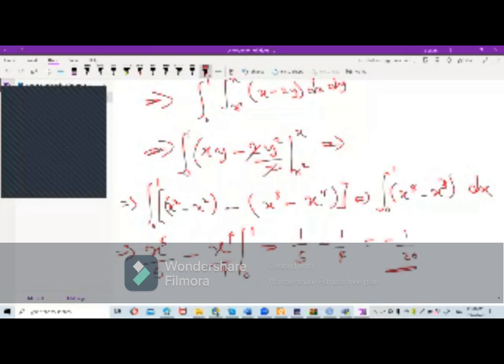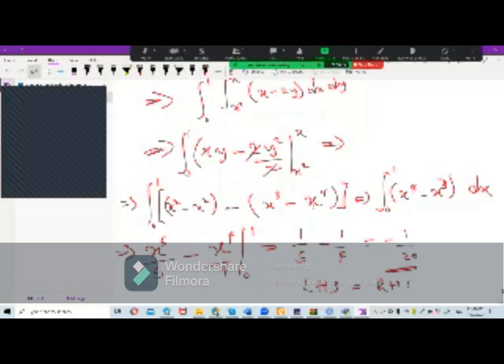So what we are trying to prove here is, therefore, left hand side equals right hand side. Any question?